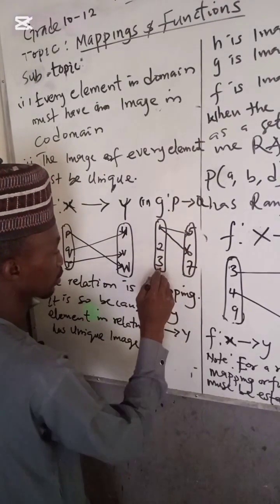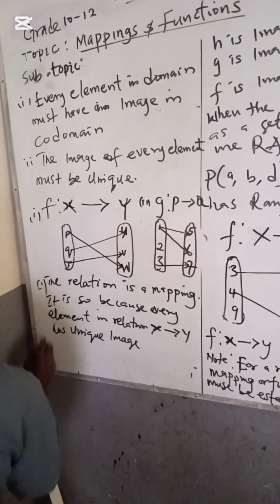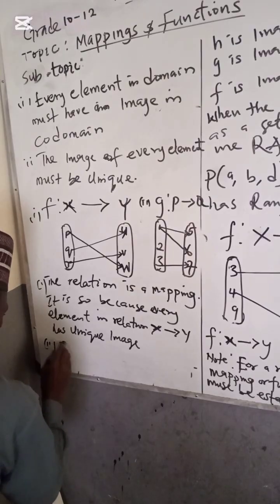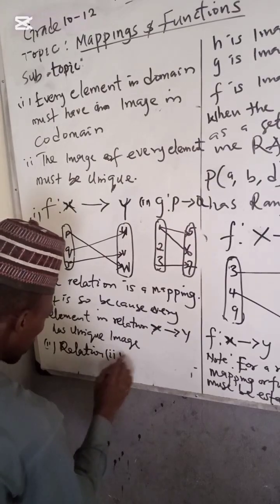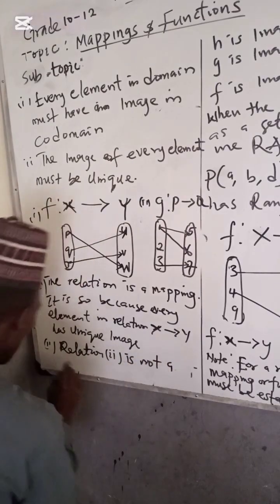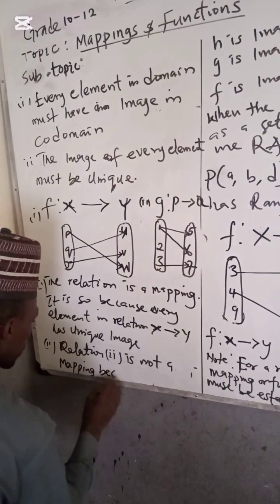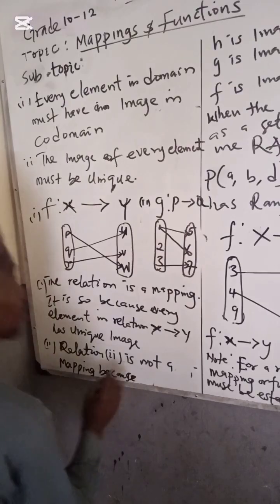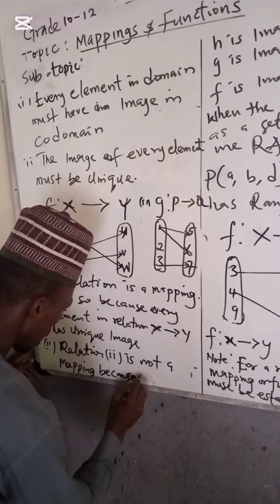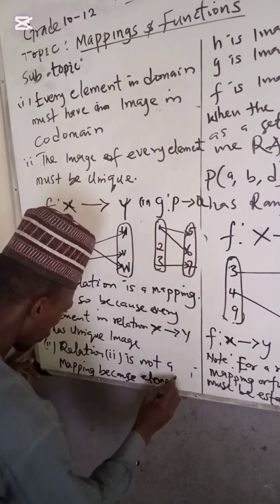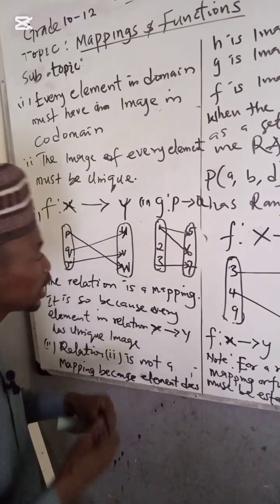The relation 2 is not a mapping because element 1 does not have a unique image.